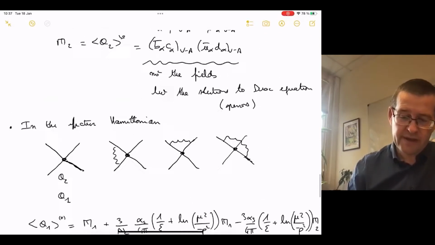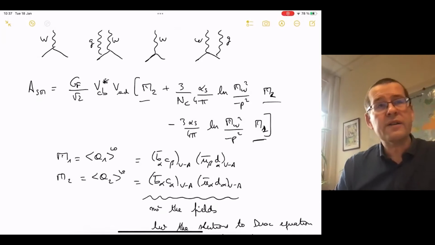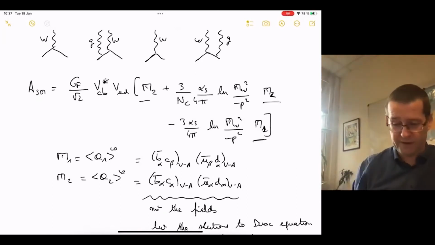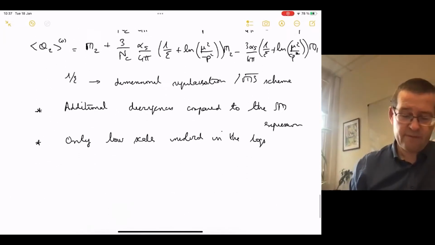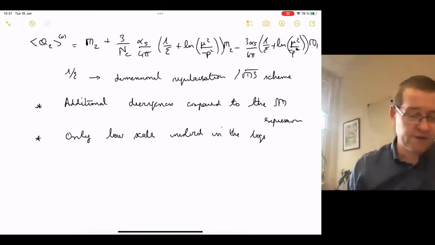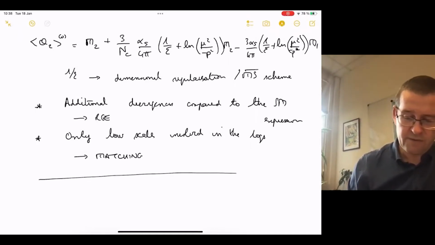Whereas in the standard model, you had logarithms running from p squared up to mW squared. Before we discuss the implications of these additional divergences, which is a question related to the RGE, I'm going to start with the matching.